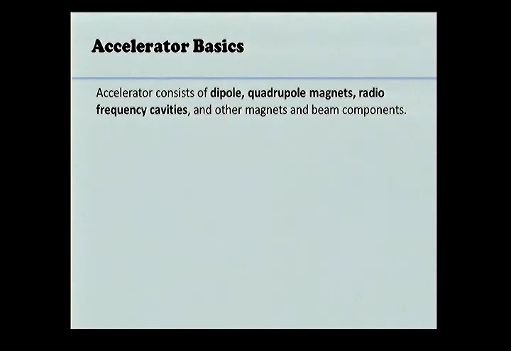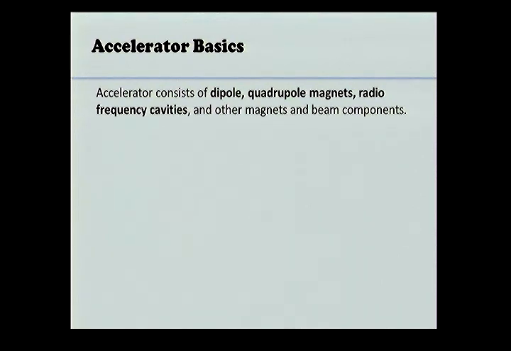Before I talk about the electron lenses, I would like to introduce you to some accelerator basics. An accelerator is a machine to accelerate particles to high energies. Colliders are accelerators, and the synchrotron radiation light sources are also accelerators.